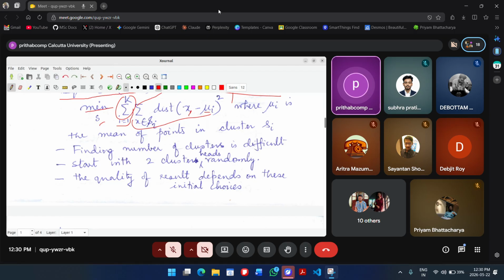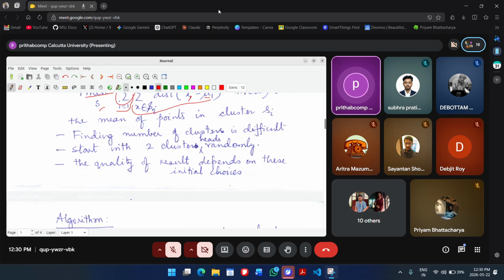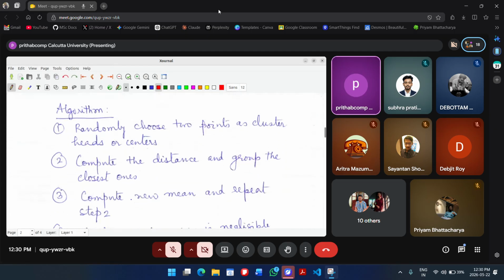So this minimization function, we can prove that the k-means algorithm, which is a very simple algorithm, does indeed minimize this. One thing you have to notice is that finding the number of clusters is difficult. We typically start with 2 cluster heads randomly, and the quality of the result depends on these initial choices.